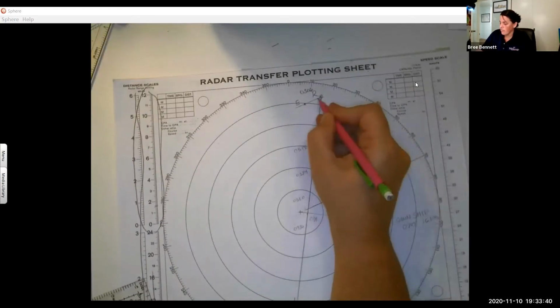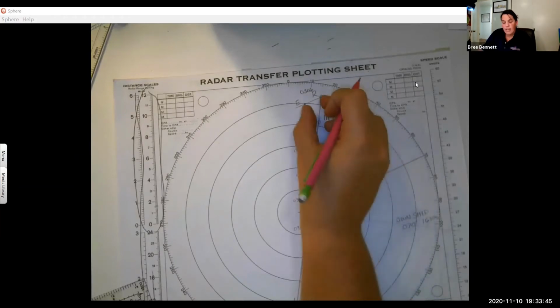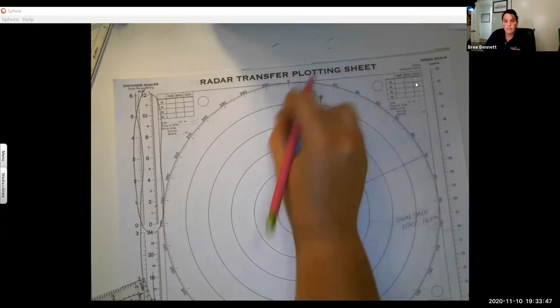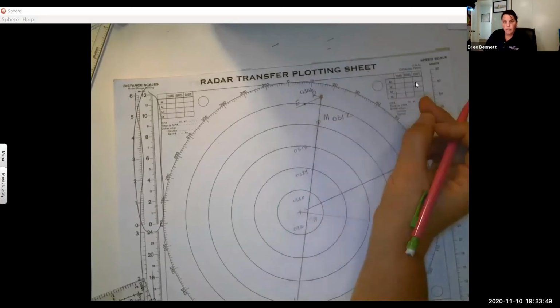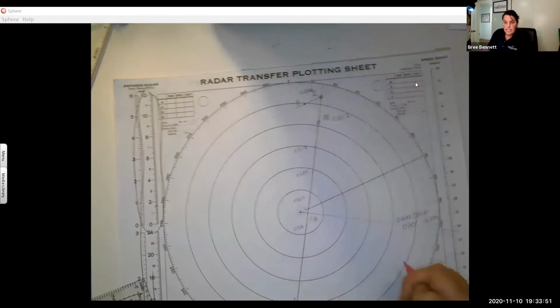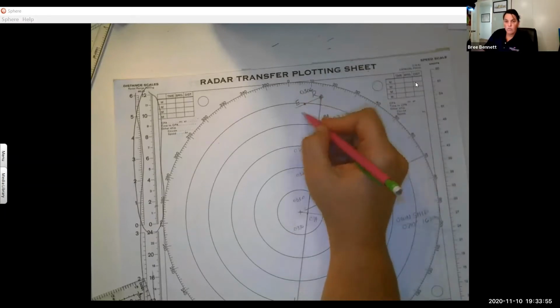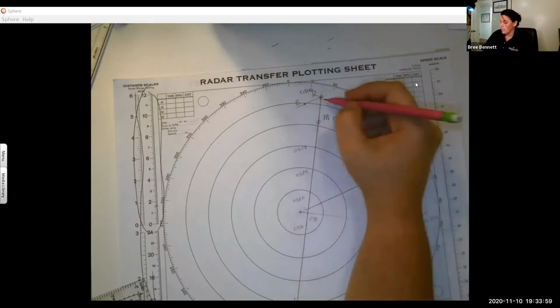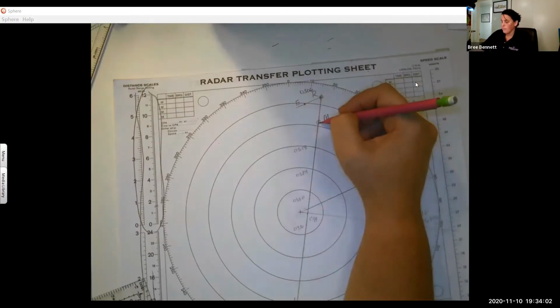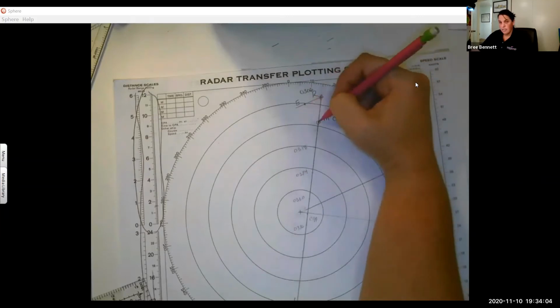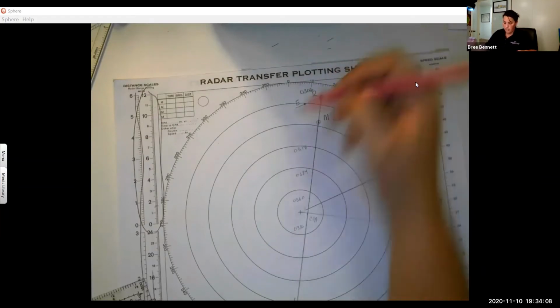So the course of this line is 070. The length of that line is 1.6 because we have a 6-minute triangle, and I'm going 16 knots. So E to R is my own vessel. R to M is the relative motion line. E to M is them. E to M is what they are doing.